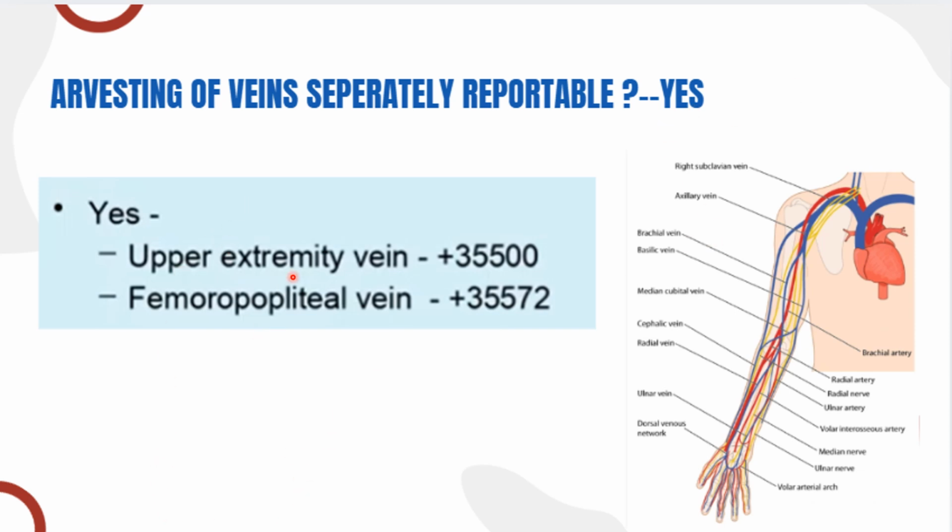When we use the upper extremity vein, that is the radial vein, I am going to use the code 35500, and for the femoropopliteal vein the code is 35572. So whenever I am taking the graft from these two vessels, I'll have to code them additionally. So this is again very important.